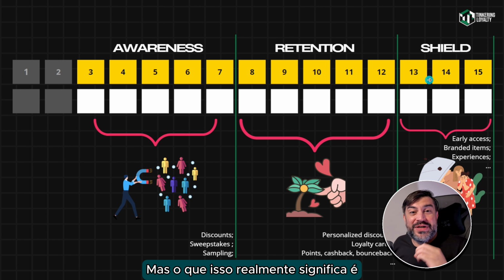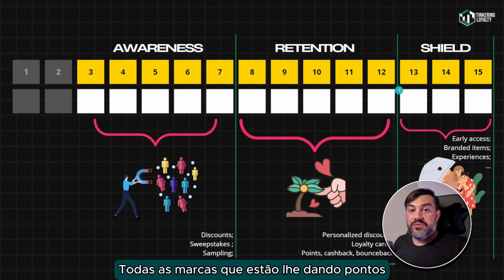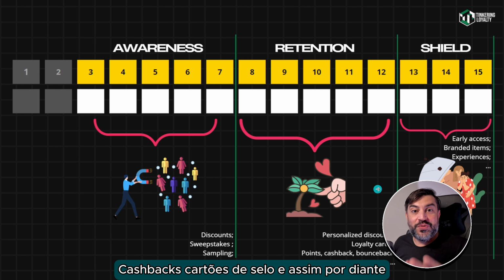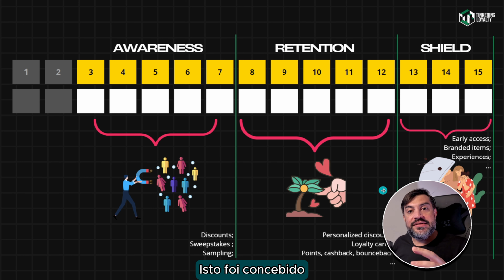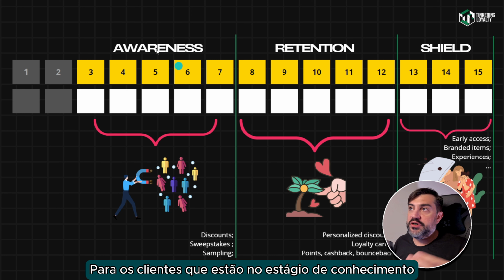But what this really means is that all brands that are giving you points, cashbacks, stamp cards, and so on, that is designed for, or appealing to, only 20% of the audience. And they don't have a different offer for the customers that are in the awareness stage.